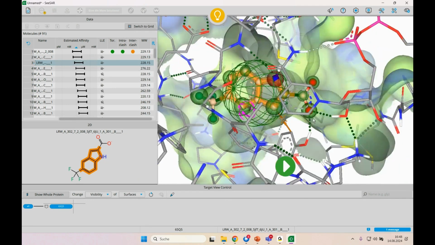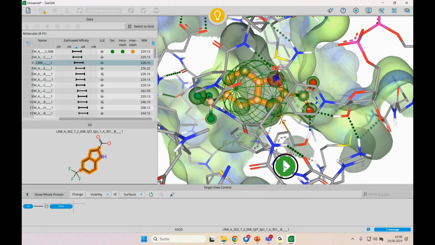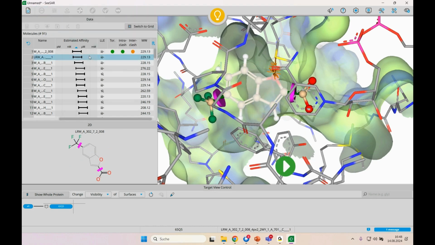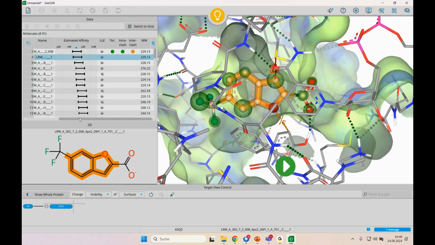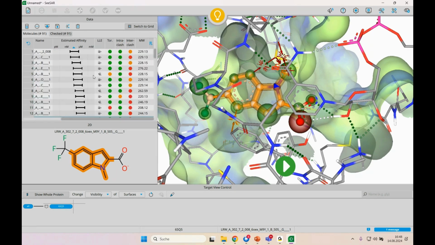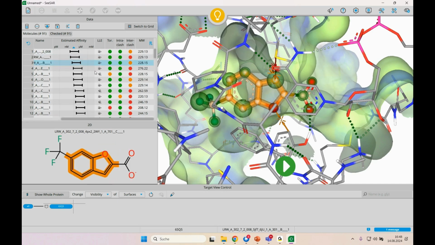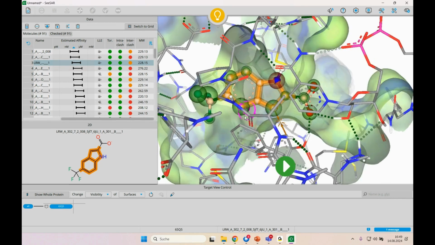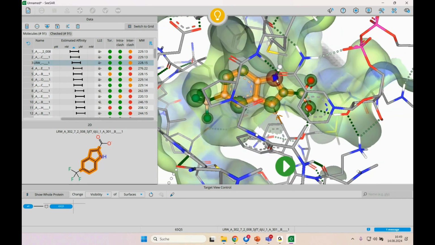I will just turn off the pharmacophore constraint so we can see things better. Now also, let me calculate the clashes here. Maybe they will find something without a problem. Clashes and protons. So a little clash, but I'm quite surprised that there is no clash for the nitrogen, to be honest.